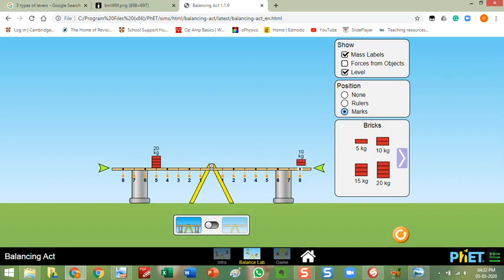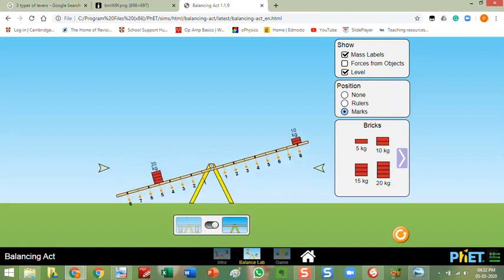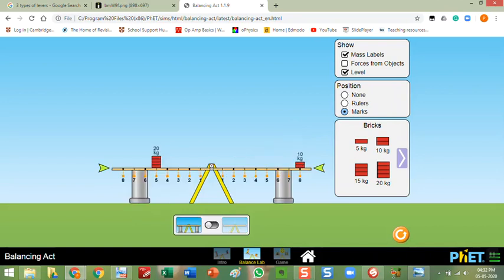So I need to have another quantity of 100. 10 times 8 gives me 80. That won't work, that side's still going to be heavier. But if I add 5 times 4, which is 20, so 80 plus 20 gives me 100, which is equal to this side, the object is in balance.